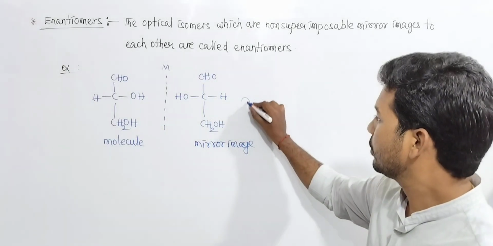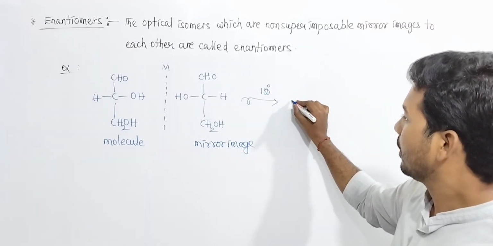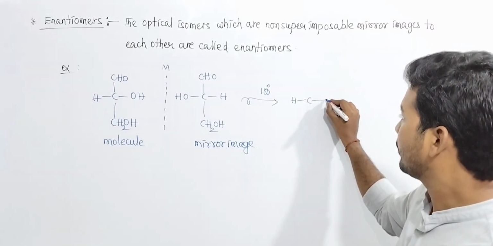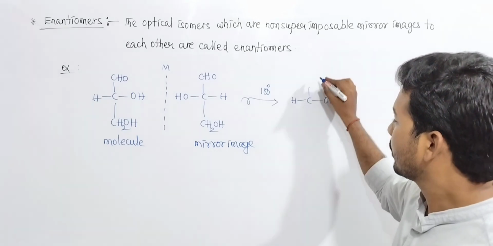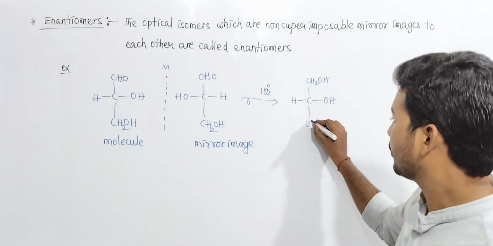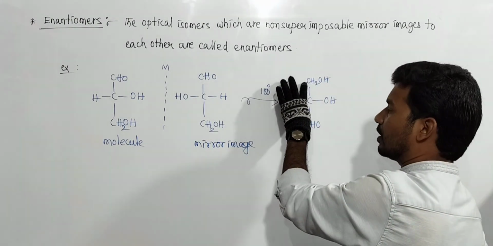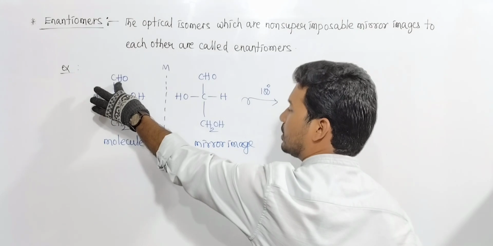To verify superimposability, rotate 180 degrees. Then right comes left, left comes right, bottom comes up, and up comes bottom. If you place this one, is it superimposed or not? Not. CH2OH here, CHO here.